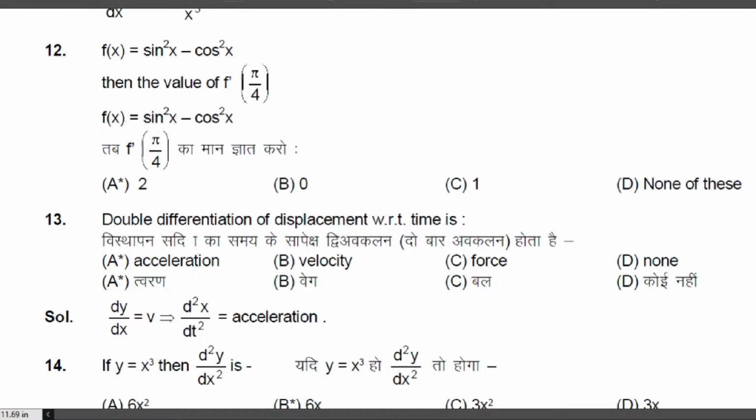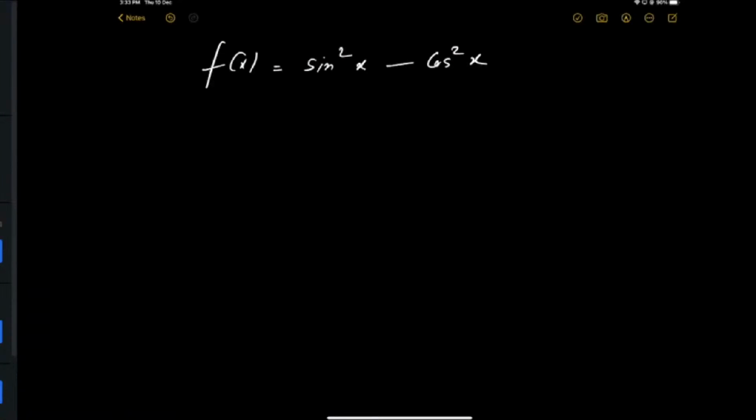Okay. So if f of x is sine square x minus cos square x, what is f dash of x? I can do it directly, but I have a better way. First I'll write f of x as minus cos 2x, right?